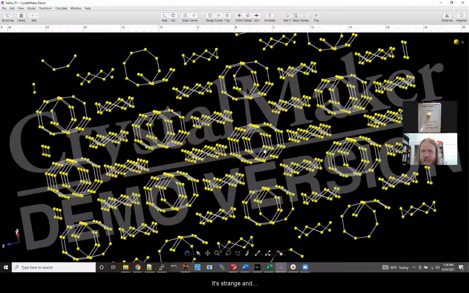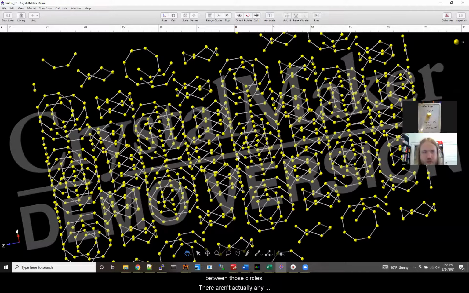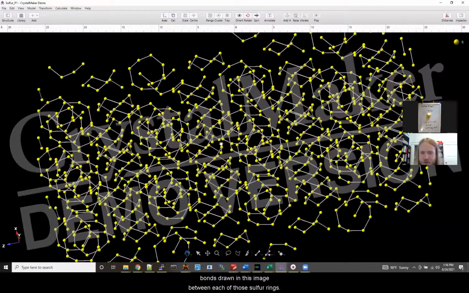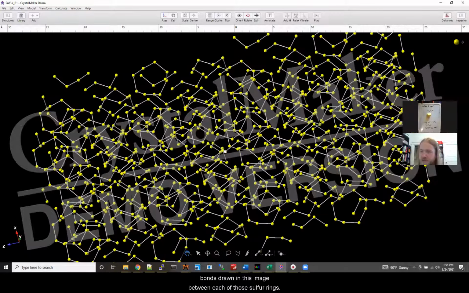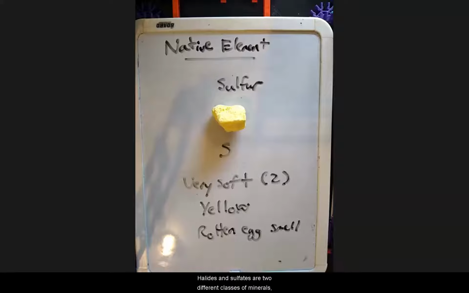It's strange, and you can see that there aren't really strong bonds in between those circles. There aren't actually any bonds drawn in this image between each of those sulfur rings. That's why sulfur is so soft, because of the lack of strong bonds between all these 8-sided sulfur shapes, octagons. That's the word.